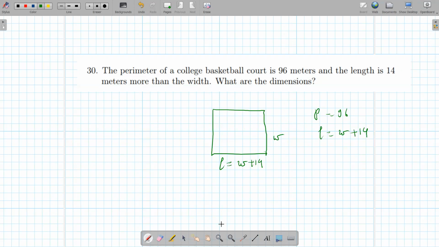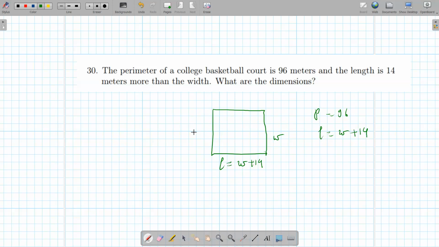That means we need to find L and W. How do you do that? What's the formula for perimeter of a rectangle?